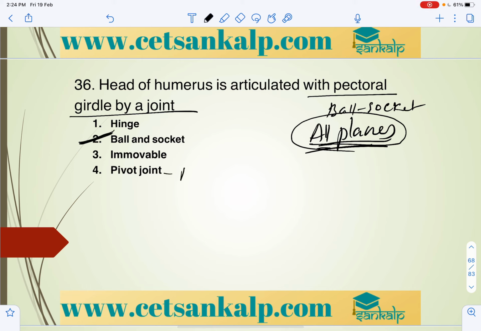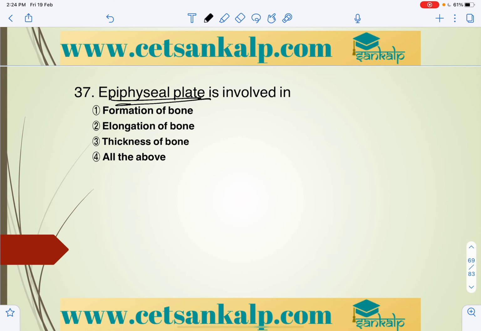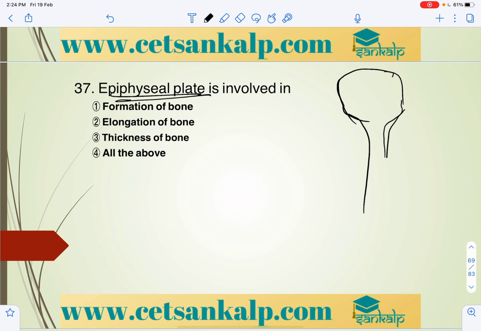Pivot joint is between atlas and axis. Immovable joints are called fibrous joints, seen in the skull. A hinge joint is an example of a synovial joint. Next question, epiphyseal plate. I already mentioned that at the end of each bone we can see the epiphyseal plate.